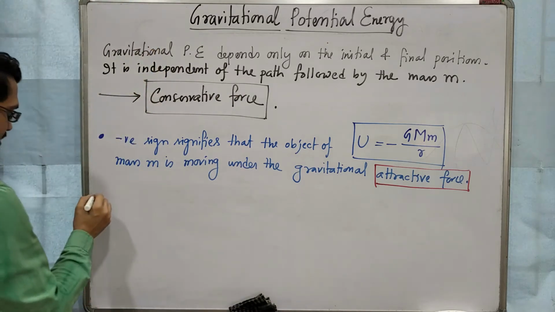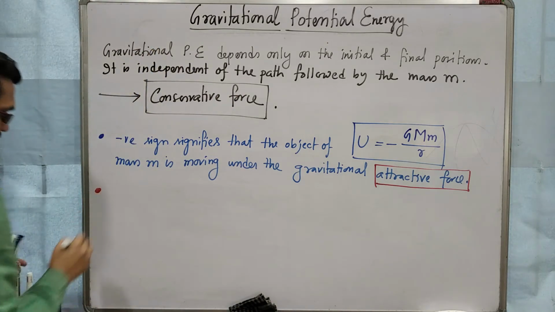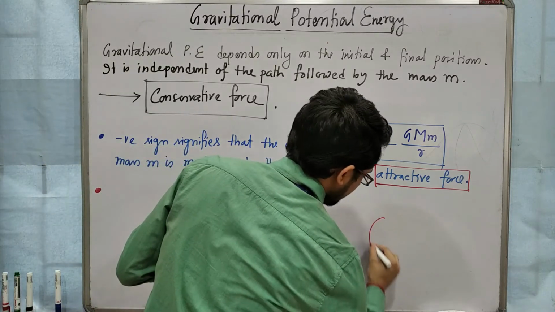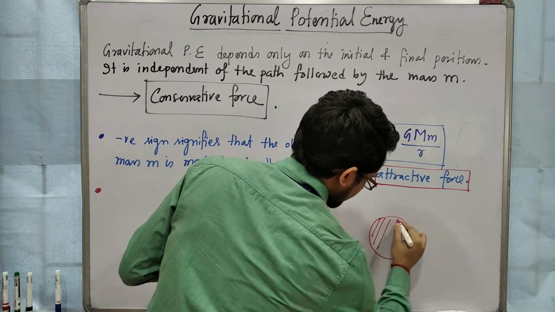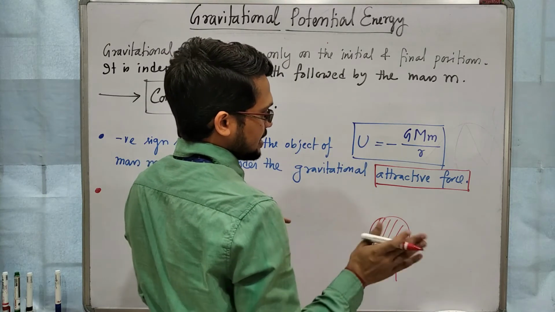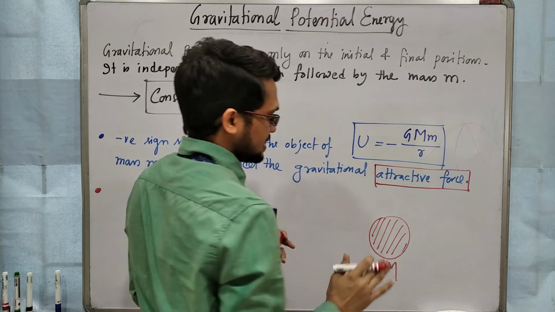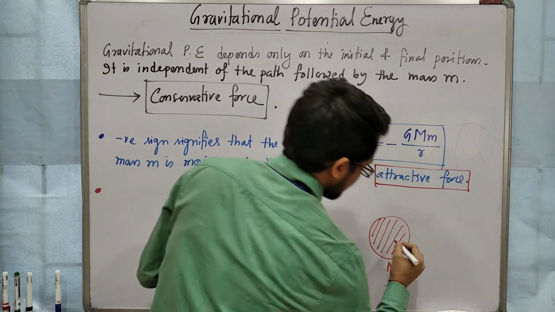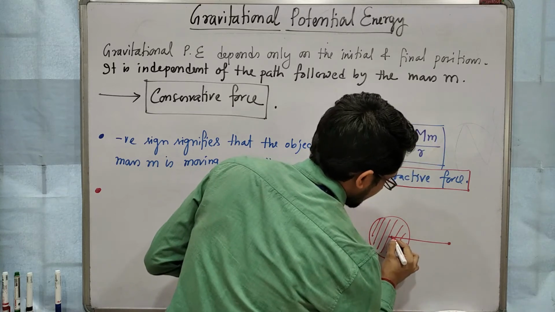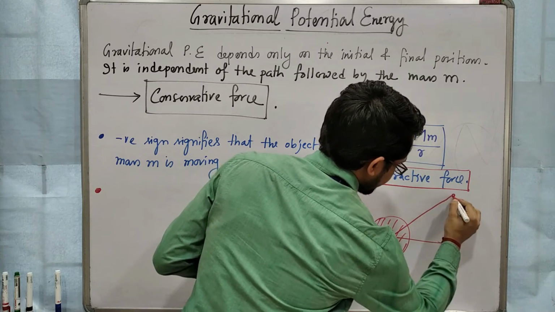Okay, now another point is, suppose this is a planet of mass capital M, and here I am not talking about the potential energy, I am talking about now work done to take that object from this point to this point.